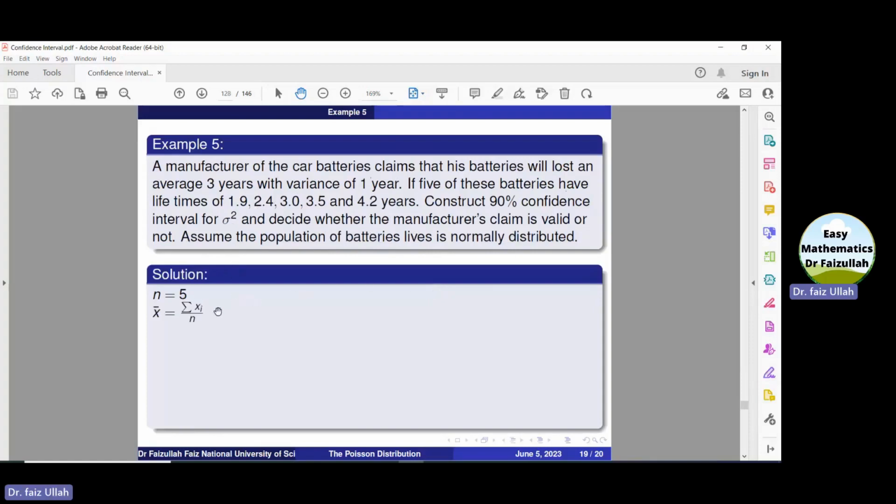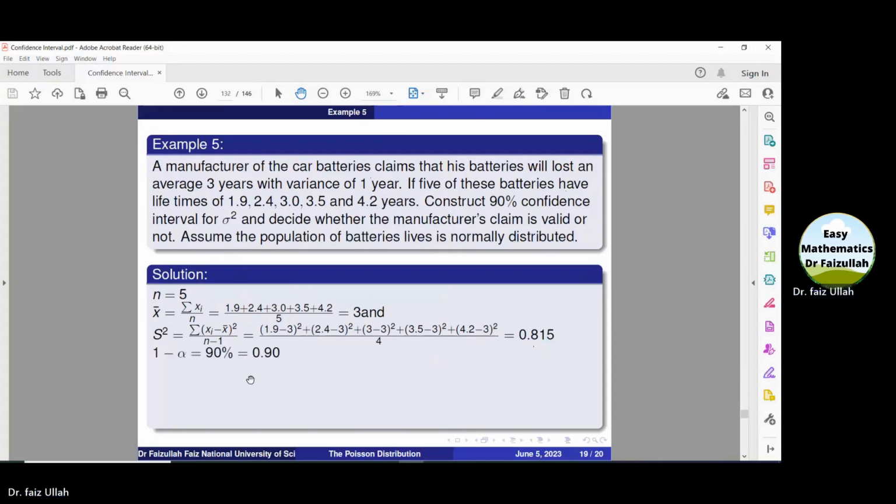These are 5 numbers. To find the value of sample mean x bar, we add all the given values and divide by 5 to get x bar is equal to 3. To find the value of S square, we use this formula, and after simplification we get that its value is 0.815.